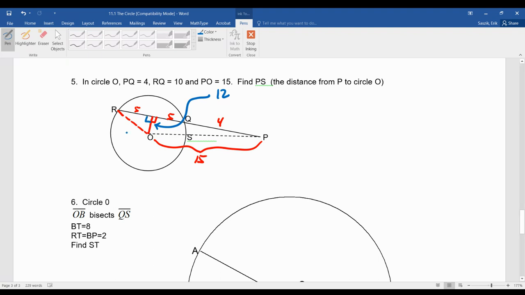That's 5, this is 12. That means RQ must be 13 from the triples. And RO is 13. That means the radius of the circle is 13. So this piece is 13. So that means PS, the little piece sticking out here, must be 2.